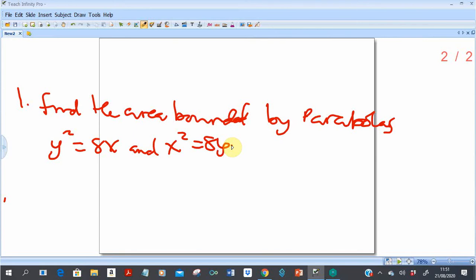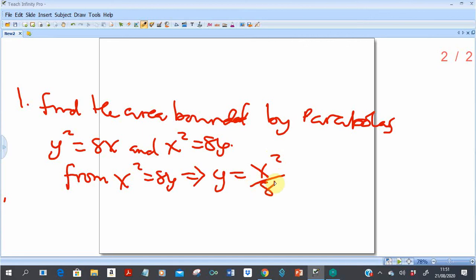So, from the equation x squared is equal to 8y, it implies that y is equal to x squared over 8. We'll use the substitution method. We'll now substitute in the equation y squared is equal to 8x.